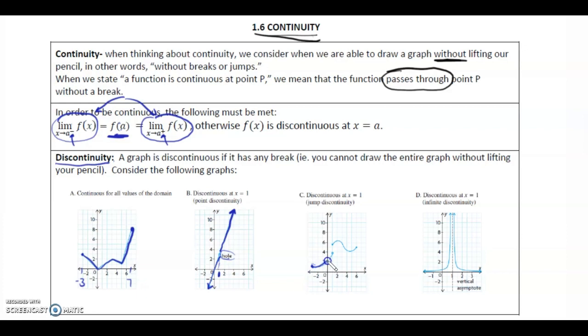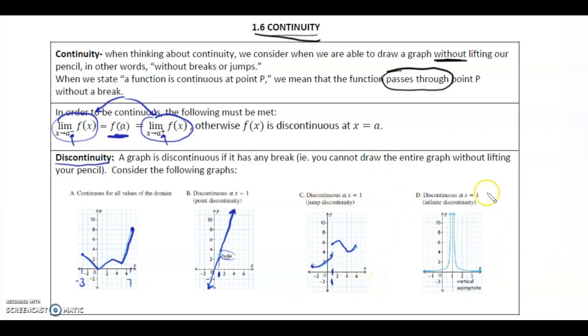We come all the way to almost 4, but not quite to 4 because there's an open circle. We have to pick up our pencil, relocate, and then continue our graph. So because there's a huge gap there, there's a discontinuity at, again, 1. Okay, and again, this is called jump discontinuity.